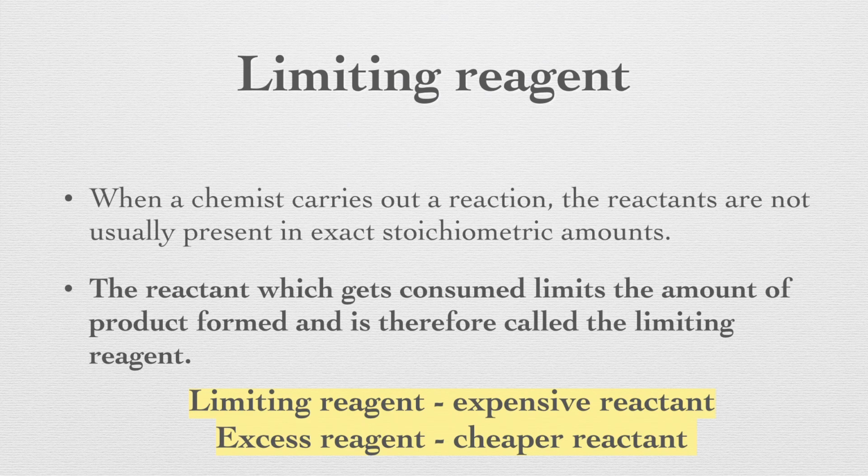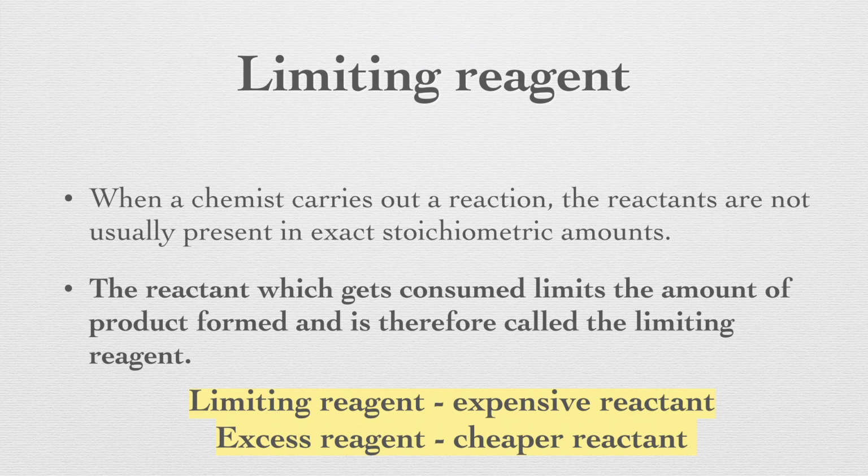So I can say the reactant which gets consumed limits the amount of product formed and is therefore called the limiting reagent. Just by knowing this, you can understand that the one which is expensive, we will always think should be fully used up in a reaction, or else that reaction will not be profitable. Therefore the expensive one is taken in a lesser quantity and the cheaper reactant is taken in excess.